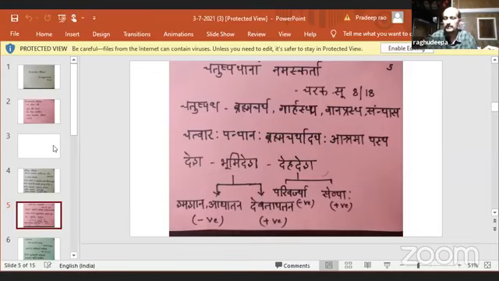Simultaneously, there are some negative energy places like the smashana, the place of crematorium. It is always a place of negative energy. But you may ask, many Naga sadhus or smashanikas get positive energy there. The positive energy is there, but for an ordinary man, it is showing negative energy.